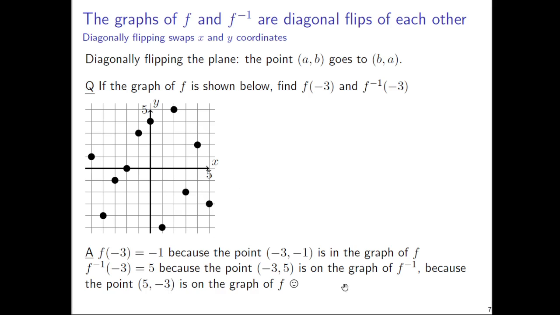The graph of f inverse needs to swap the roles of x and y. So (5, -3) on f is a point (-3, 5) on f inverse. That's what this first language, the point (a, b) goes to the point (b, a) with the diagonal flip, is trying to talk about. And if you have the point (-3, 5) on the graph of f inverse, then f inverse of -3 is equal to 5.